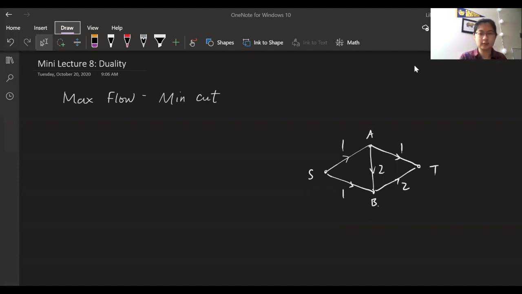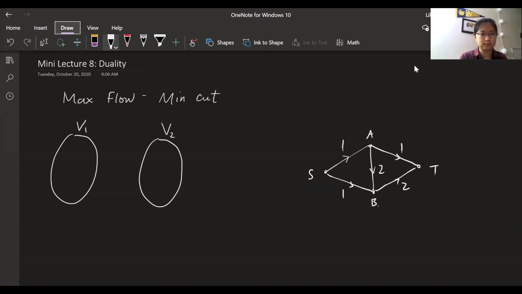We've seen the idea of a cut before in talking about minimum spanning trees, or MSTs. If you remember, when we covered Prim's and Kruskal's algorithms, we saw that whenever we take a cut, which is just a partition of the vertices, so you have like big V1 and big V2, where you have your source maybe in V1 and destination in V2.